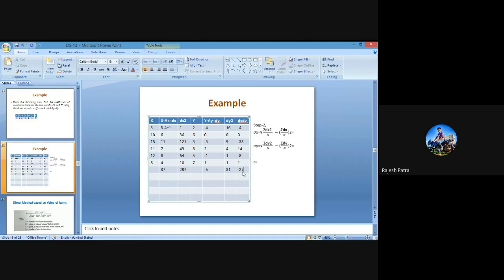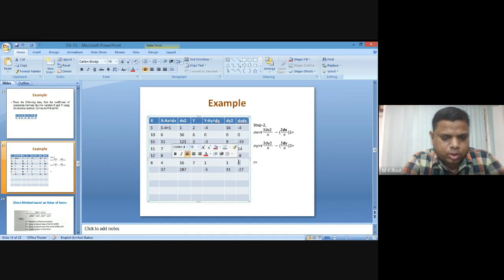Sir, the last one will be 4, 4 into 1. Okay. Now calculate. So what is the value of x bar here? Anyone?